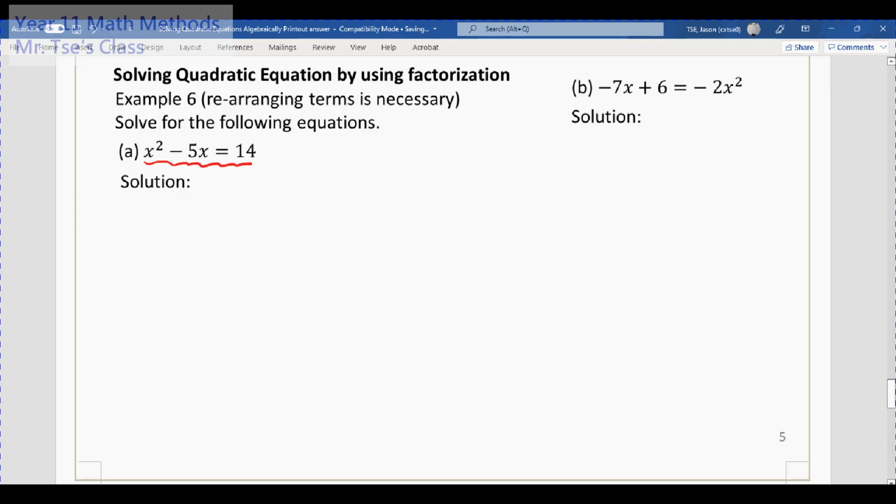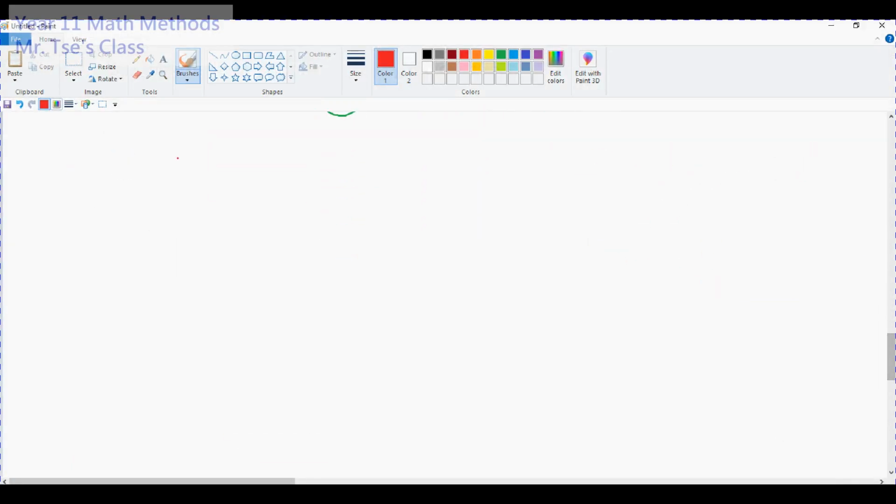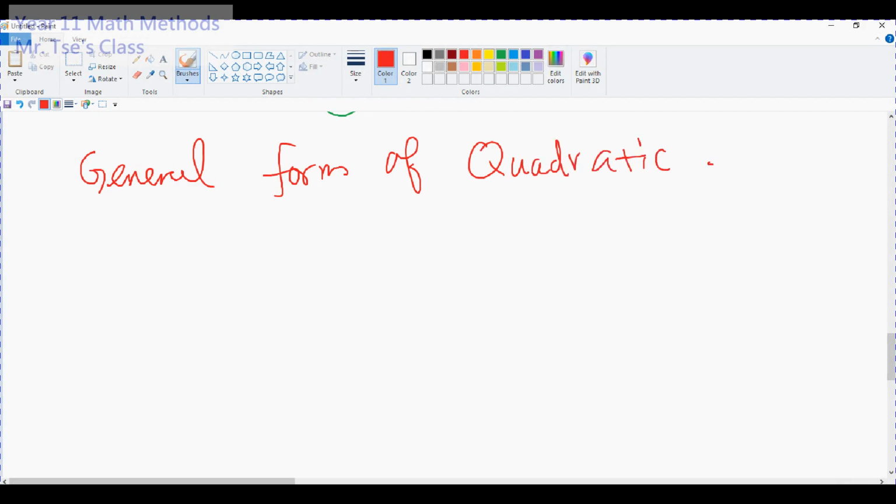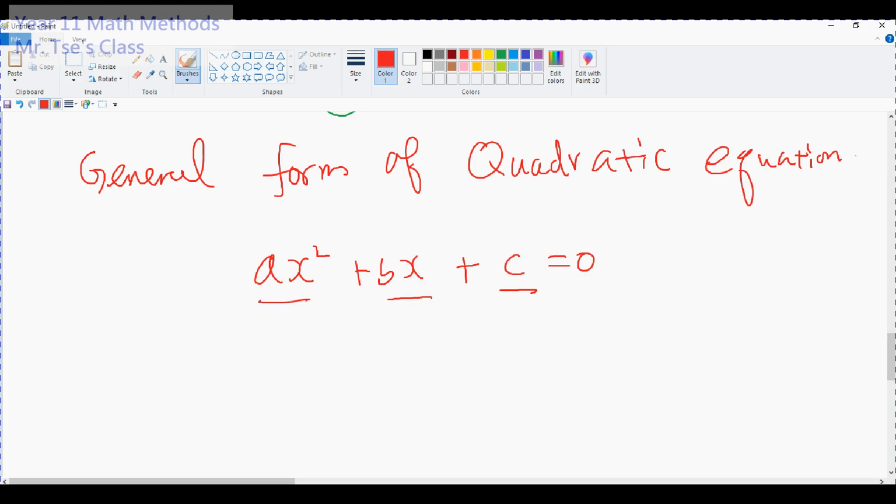Remember when we talk about the quadratic equation, the general form of quadratic equation must be ax squared plus bx plus c equals 0. So there are 3 terms, and the x squared term must go first, and then the x term, and then a constant term. So that's the general form.